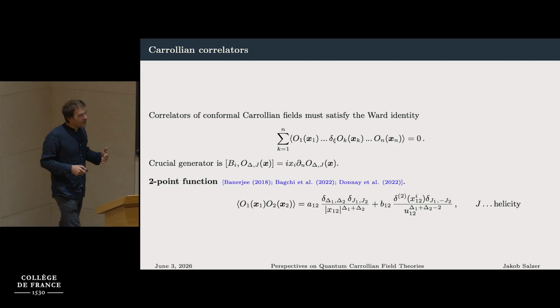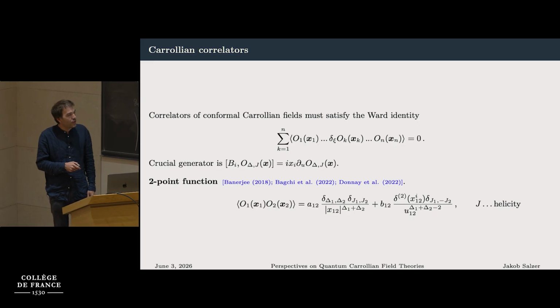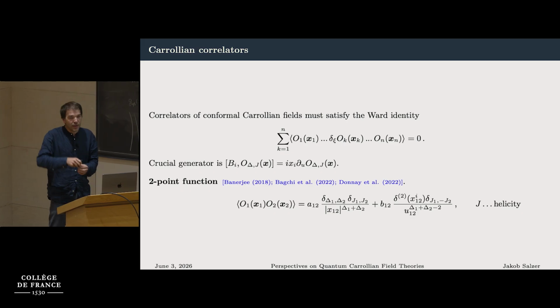This is a bit boring, so you're looking for more solutions, and what else can you get? The other solution is something that vanishes when you multiply it by x. So it turns out that we have to consider distributions in this case. There's another distributional branch which is proportional to a delta function. So these operators basically have to sit on top of each other on the spatial slices. But then you can have some non-trivial U dependence.